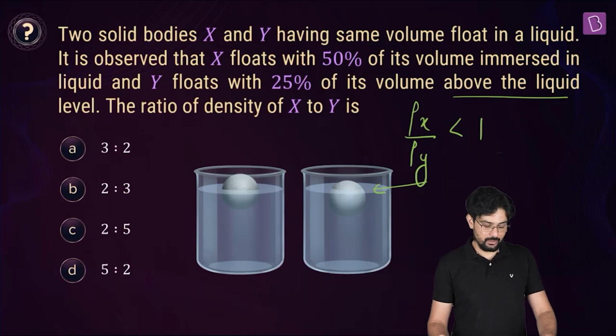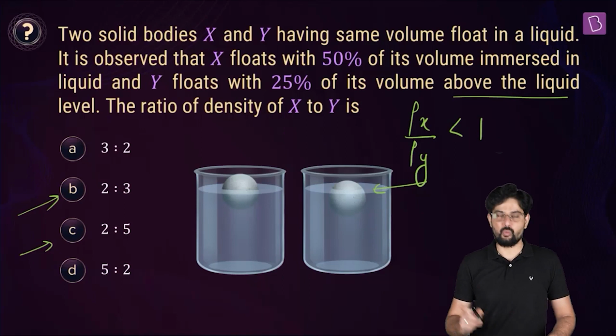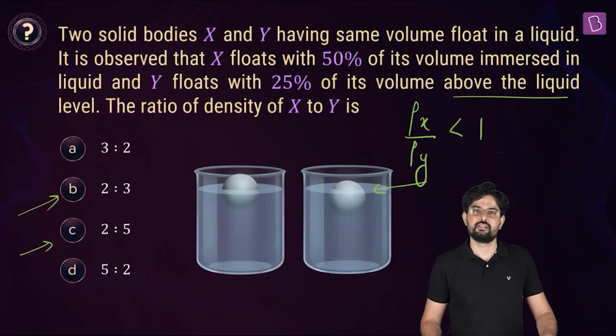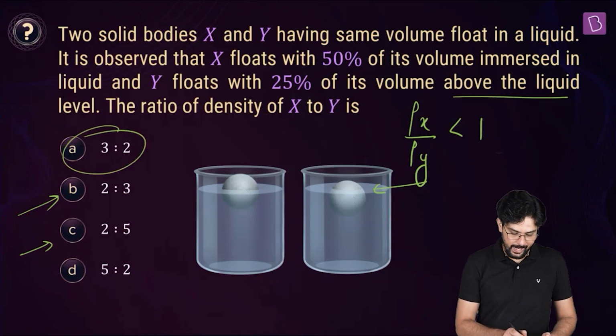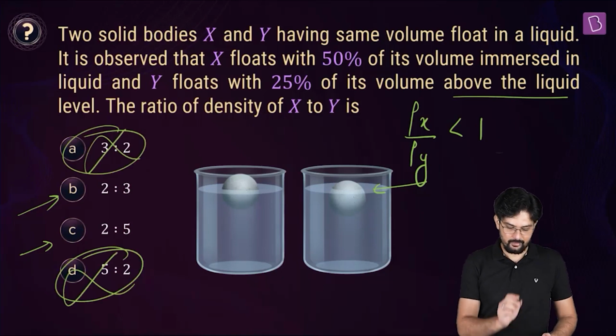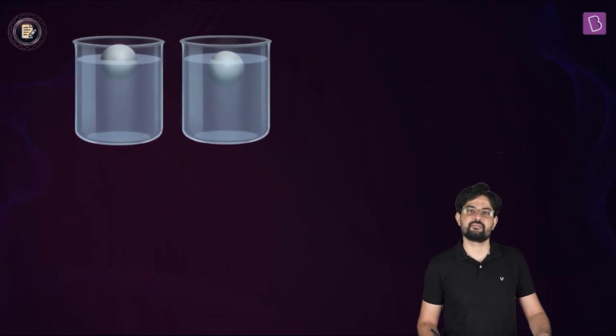And from the options, you can see that out of options B and C, one can be right. So from this intuitive thinking, you can discard options A and D. Right? And now let's get mathematical.